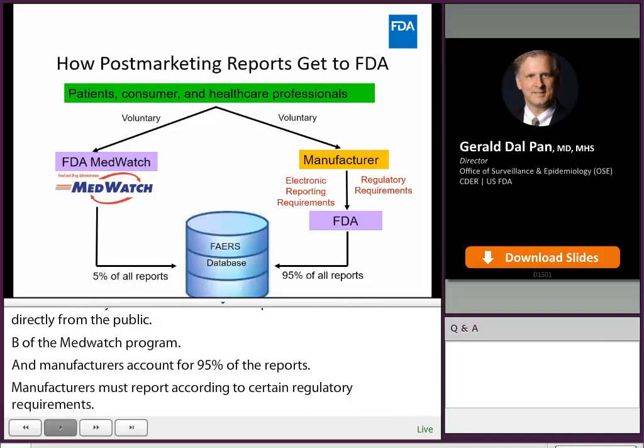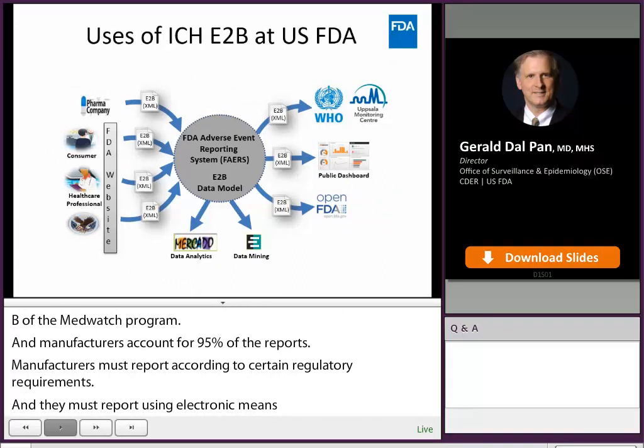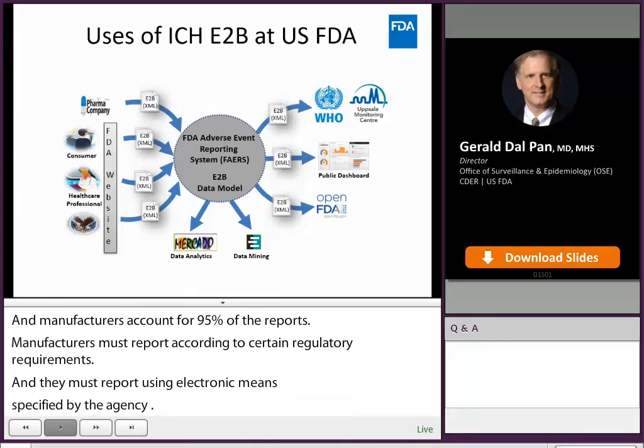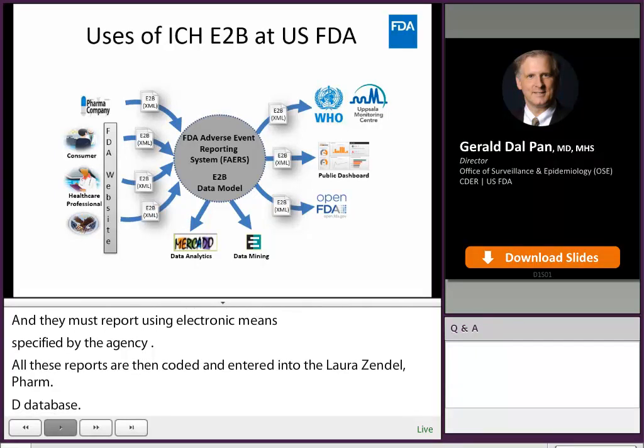All these reports are then coded and entered into the FAERS database. And the electronic format for transmission from industry and storage at FDA is the ICH E2B standard here.